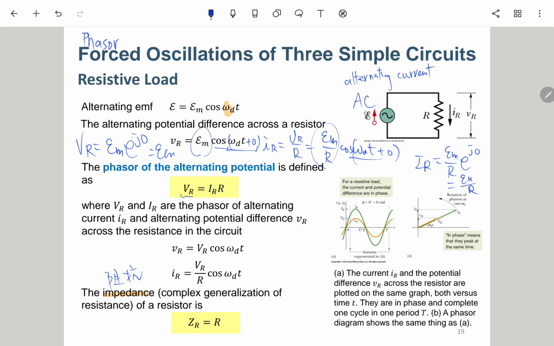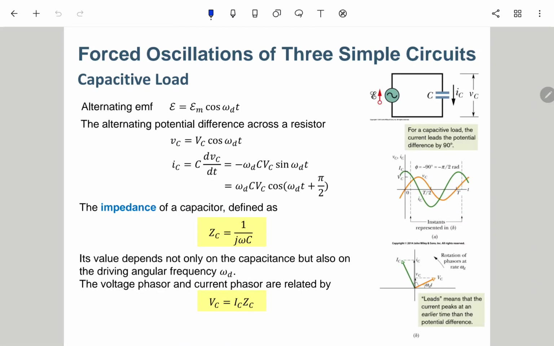Resistance is 电阻. Is there also reactance? Yes, but I won't go into too much detail here. Anyway, the impedance Z is generally a complex number, R plus jX, where R is the resistance and X is the reactance. If there are series or parallel RL combinations, there will be an imaginary part, which becomes the reactance. But anyway, for the resistor, it is nothing but R. ZR equals R. So the impedance of a resistor is still R itself. Okay. So on this page, you don't feel anything. It's just very still things.